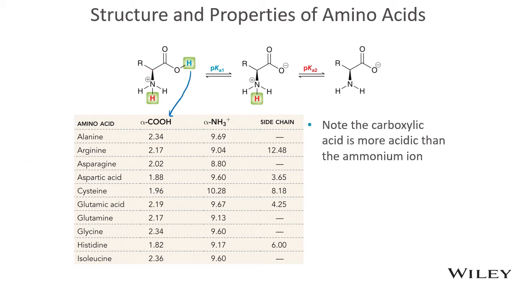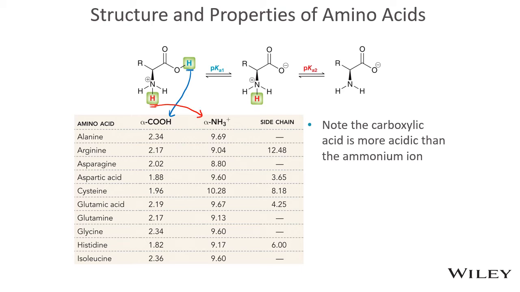So this pKa will correspond to this blue hydrogen here. The alpha NH3 plus is the ammonium, the protonated version of the amino portion attached to the alpha carbon. So again, this pKa value is going to correspond to the red hydrogen.